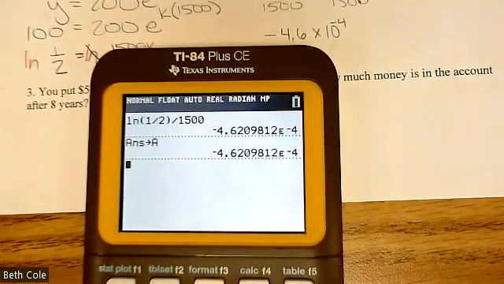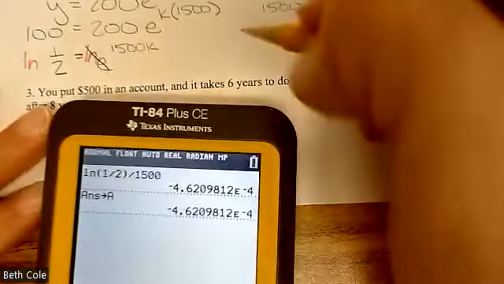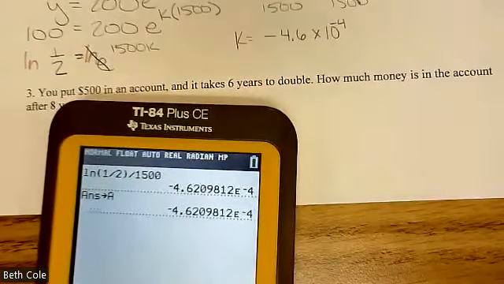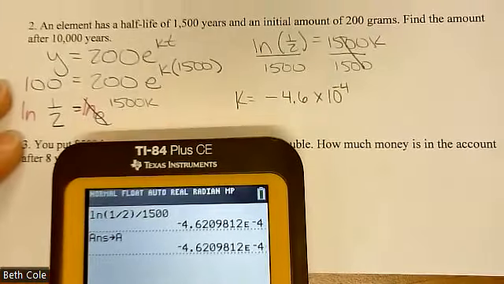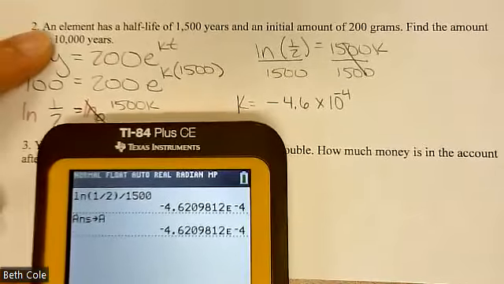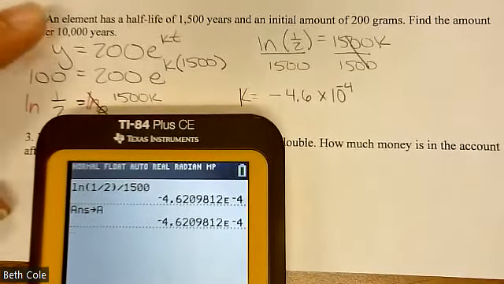So do store alpha A, enter. And it says we want the amount after 10,000 years. So what you're going to type is, what did we start with? What was our initial amount?